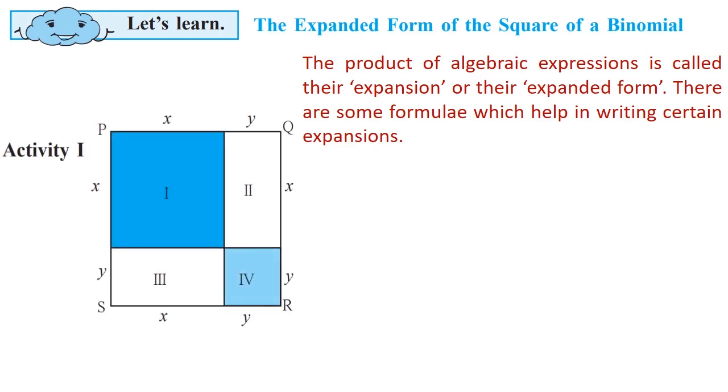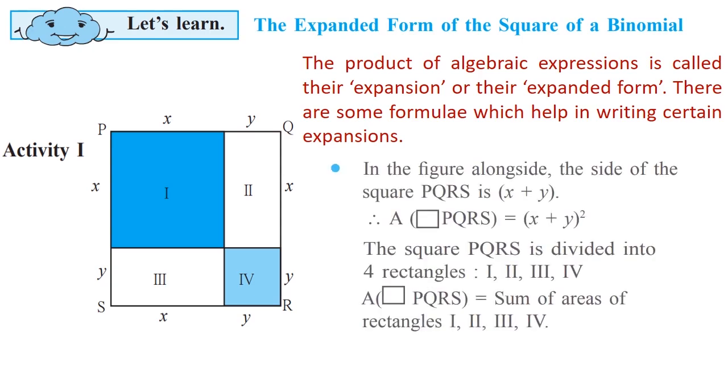Now let us look at this figure. So students, in the figure alongside, the side of the square PQRS is equal to what? X plus y, right? And so therefore area of square PQRS is equal to x plus y square.